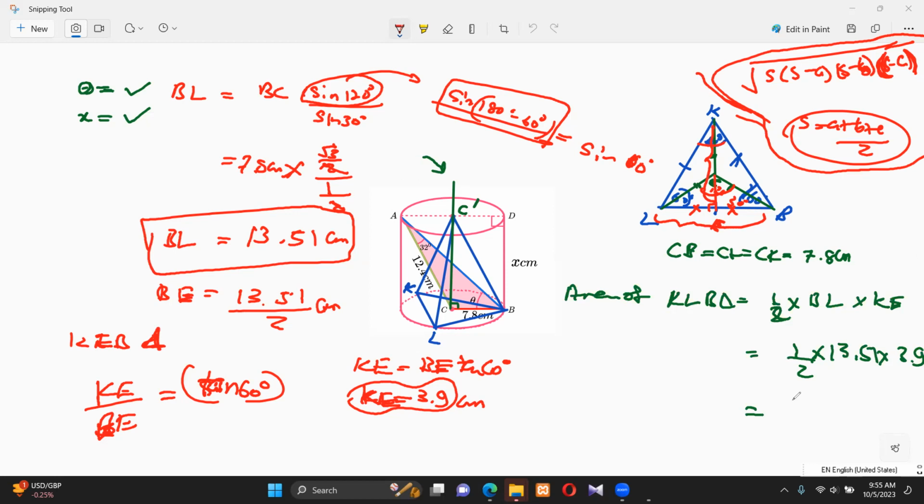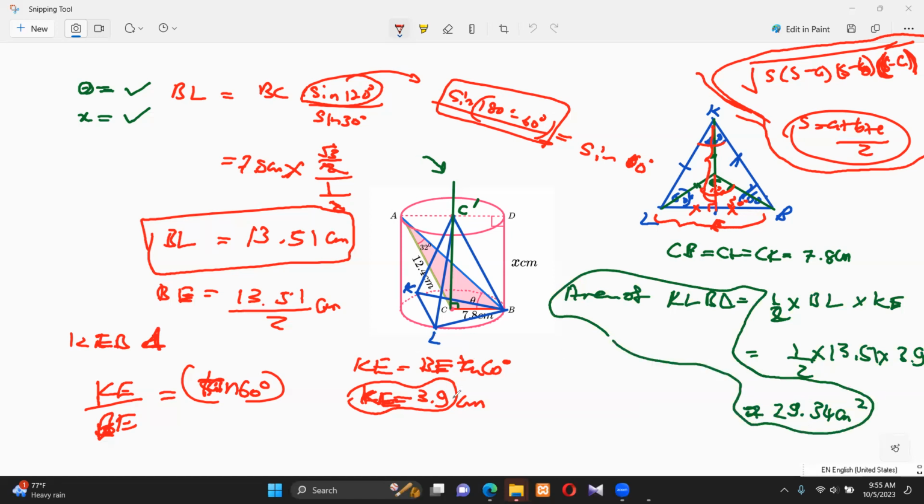Times 13.51 over 2, it becomes 26.34 square centimeters, approximately.